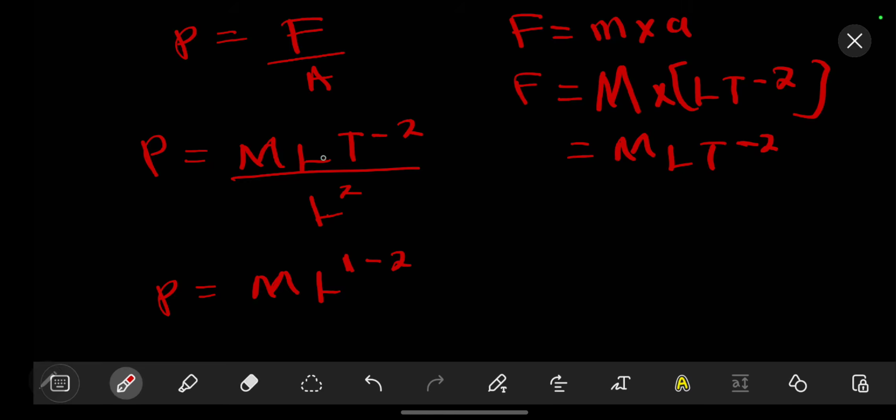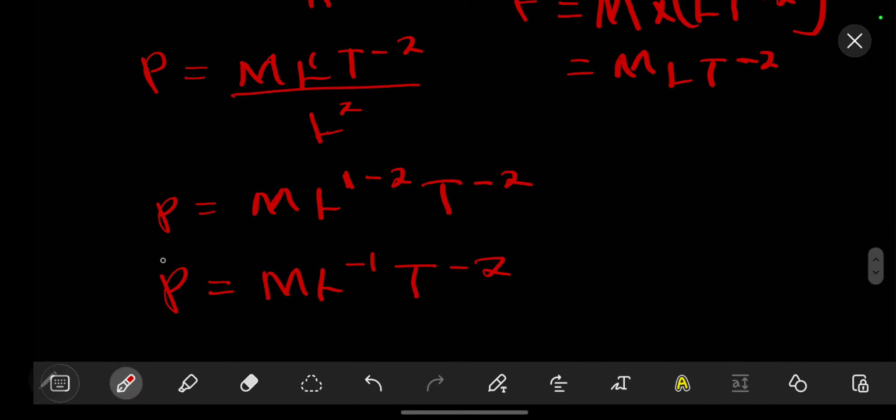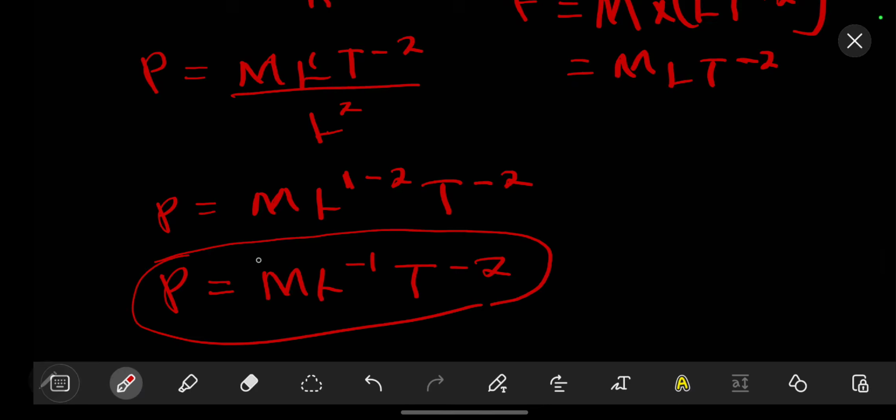Since L is the same, we just take one L and subtract the power. So we have T raised to the power negative 2 like that. So the pressure is M L negative 1 T raised to the power negative 2. So these are our dimensions for pressure.